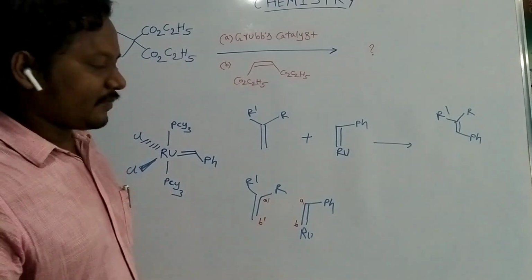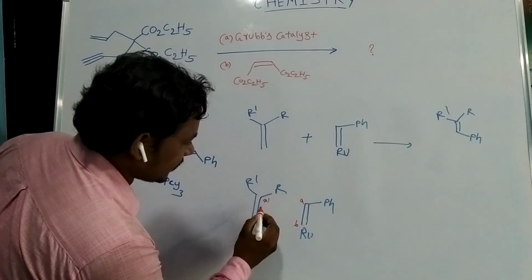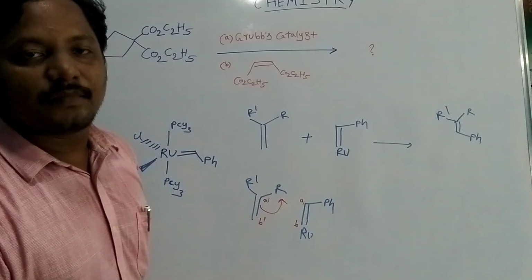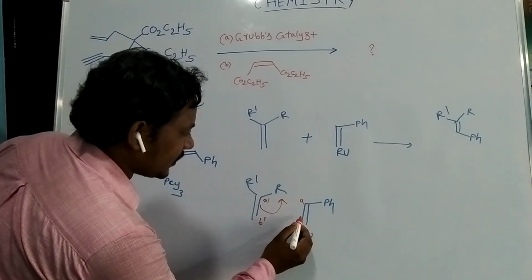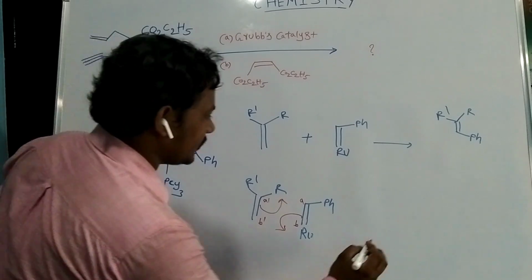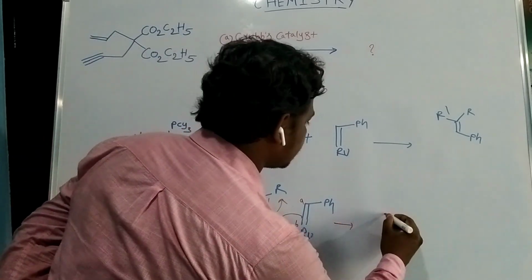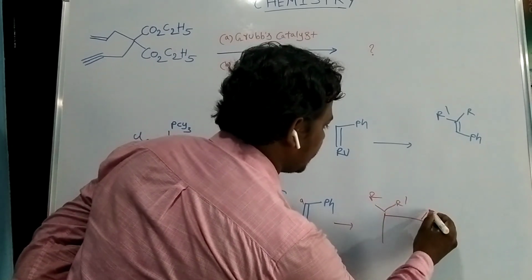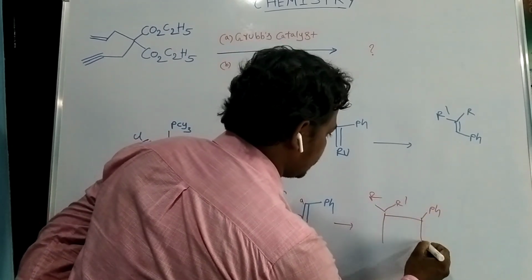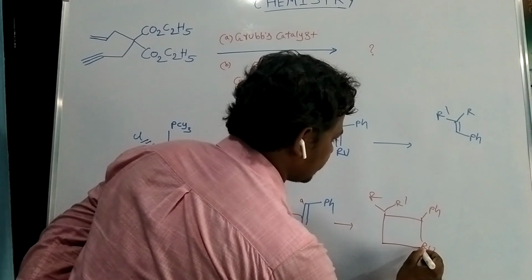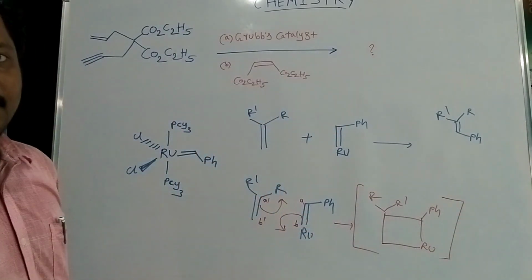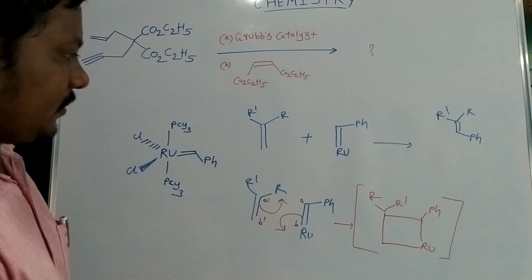Here a new bond is forming in between A dash and A. Bonds are migrating. Here another new bond is forming in between B and B dash. I am writing like this, R dash, Ph, ruthenium. This is the intermediate.